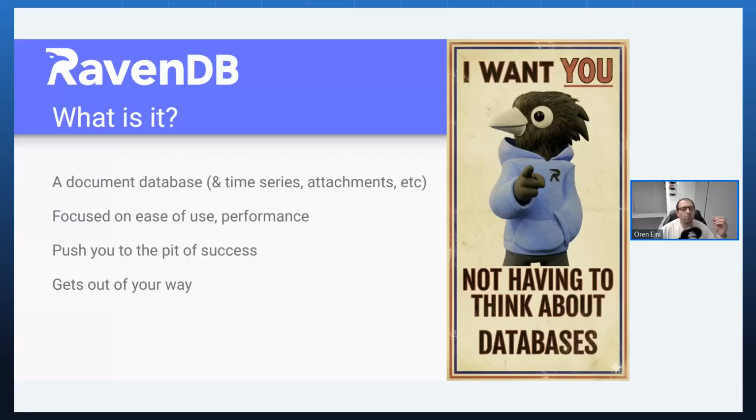Or the developer saying, hey, this is really complicated. I don't know how to do this properly. Or it's going to take a lot of time. Or the database is typically not something that enables you to do stuff. It's something that blocks you from doing things properly, from changing, etc. So the whole point of RavenDB is that we want to have a database that absolutely gets out of your way. This is what we created it for.